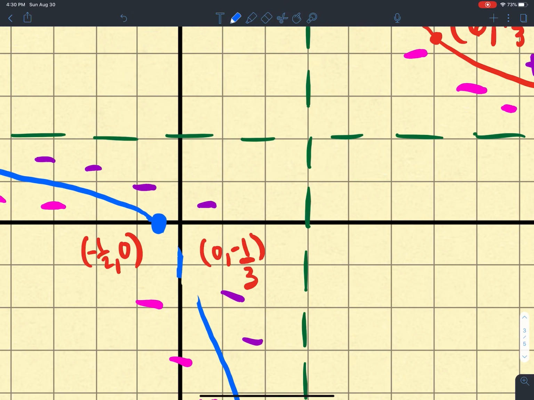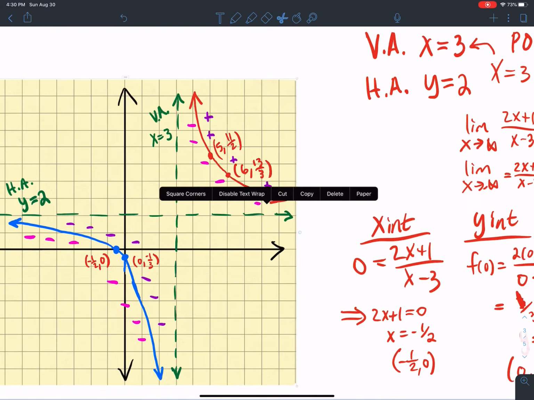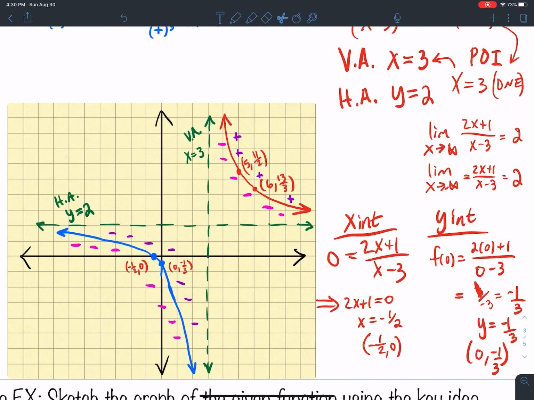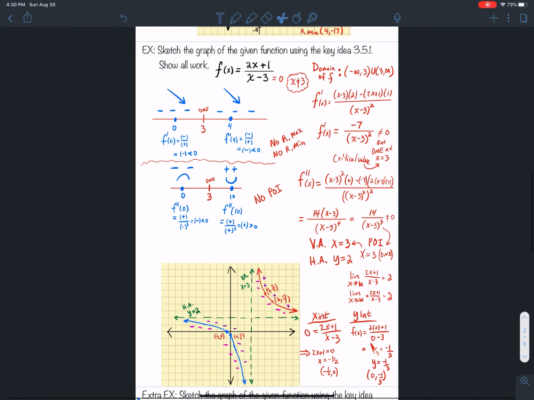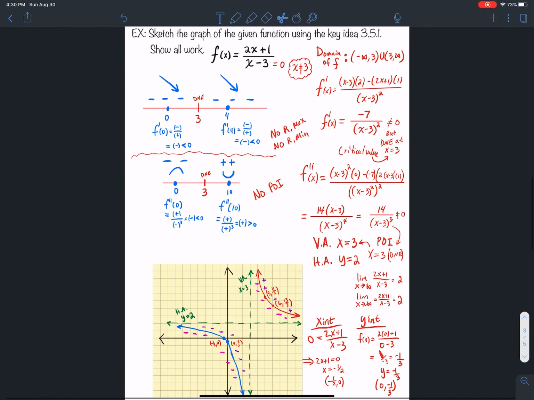All right, so there you go. So now it kind of looks more like it should. Okay? Cool. Let me zoom out so you can kind of see the whole problem in one shot. All right, guys.